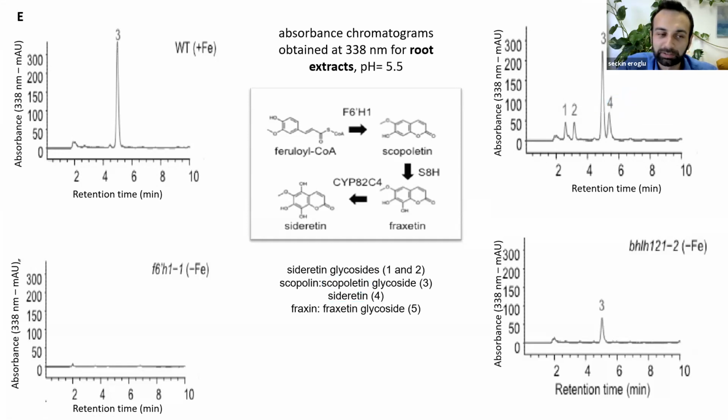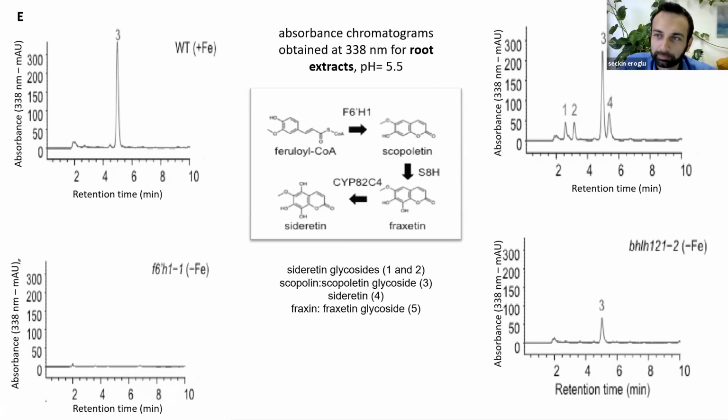I think there is no definite answer for that, as far as I know. But from this paper, we know something. We know that under iron deficiency, these genes are highly expressed, suggesting that this entire metabolic pathway is supposed to be shifted from the precursor to the final product.